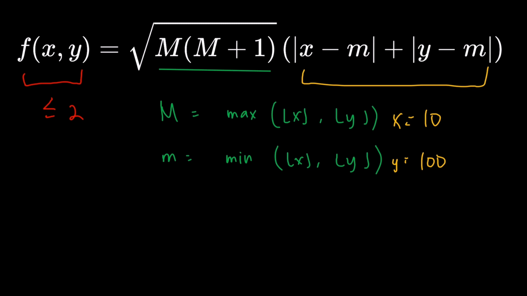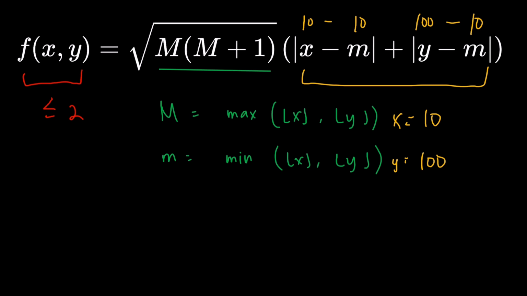You can see that the consequence of x and y being very far away from each other is going to make that function grow as well. So that's going to be the basic insights.